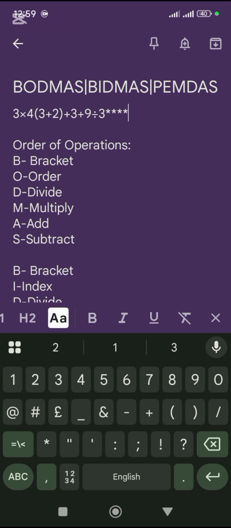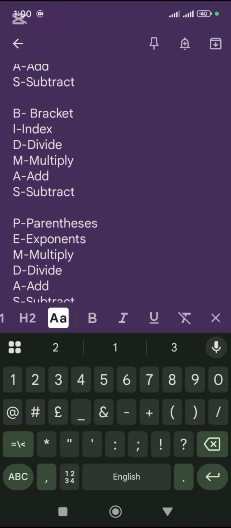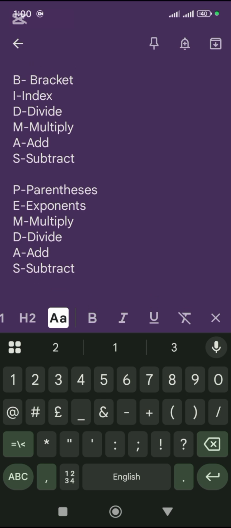Then you consider the divide, then the multiply, then add, then subtract. It is a similar way for brackets, index, divide, multiply, add, subtract. The same thing goes for parentheses, exponents, multiply, divide, add, subtract.